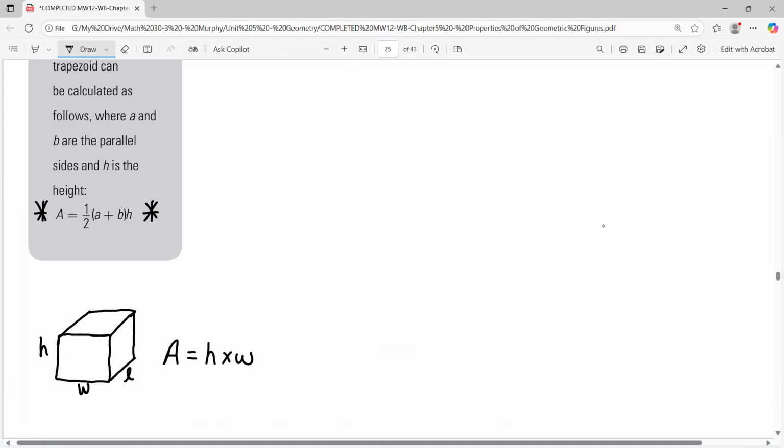And we know from just grade 9, grade 8, grade 7, the volume of a cube is length times width times height. So here's our area. And to get the volume, we would just add on length.